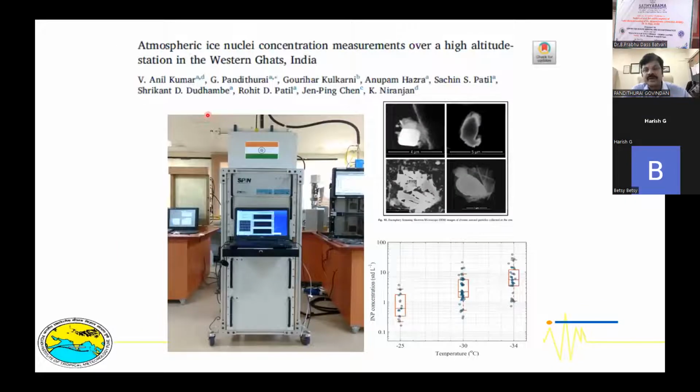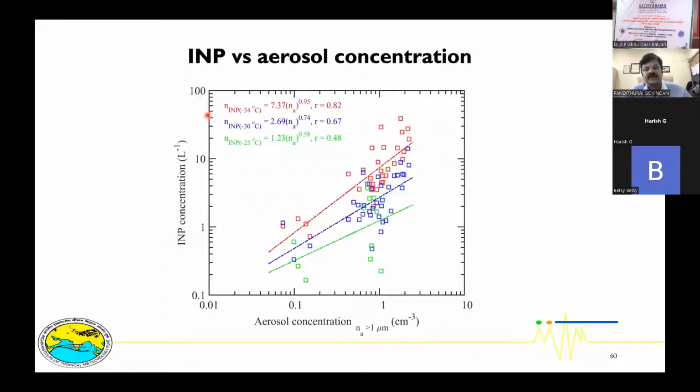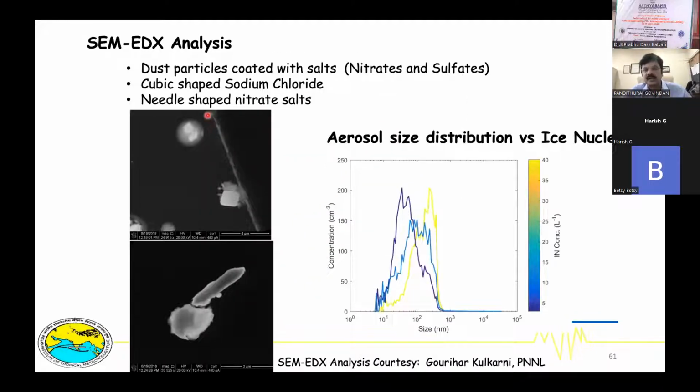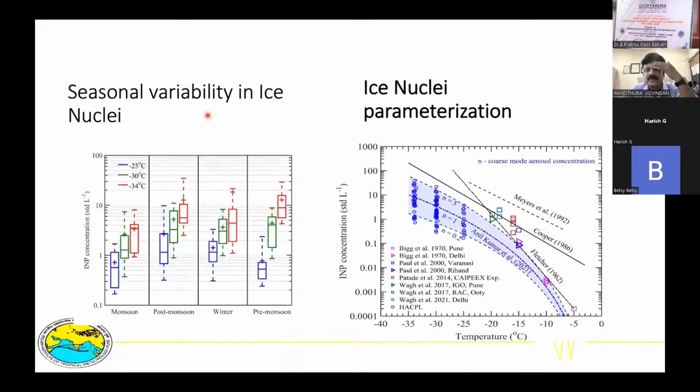So we also implemented the ice nuclei measurements over the Western Ghats. As compared to CCN, ice nuclei are very few. Maybe 1 in a million aerosols can get activated as ice nuclei. So we try to look at how aerosol concentration could be used to parameterize the ice nuclei concentration, because we cannot have ice nuclei measurements everywhere.